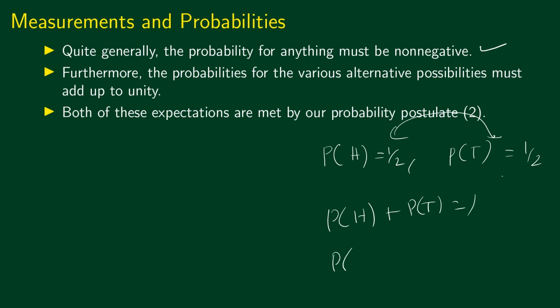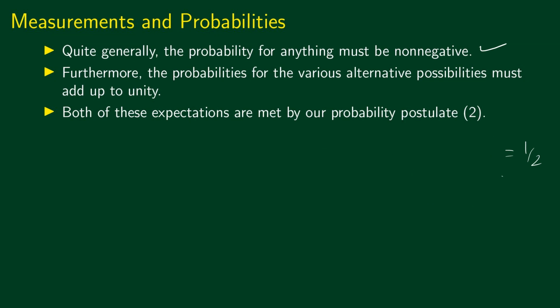Or we can say the probability of getting head or tail is equal to 1. This means that you are guaranteed to get either head or a tail if these are the only possibilities. So the probabilities for the various alternative possibilities must add up to unity.